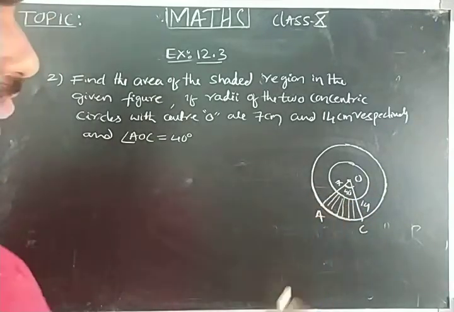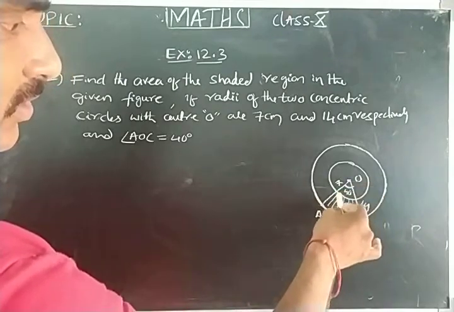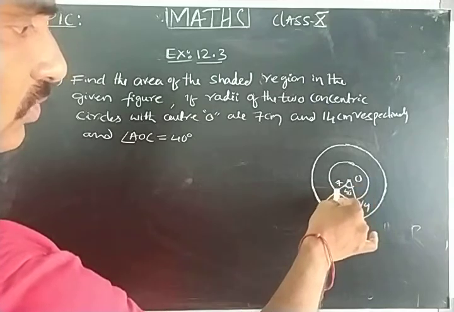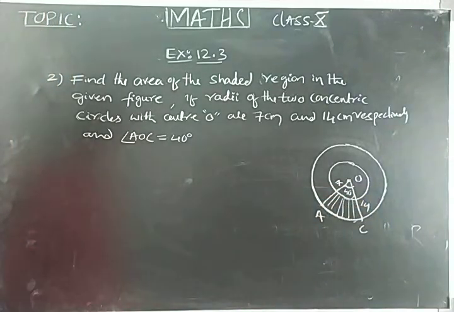So observe the figure. If you find the area of the total sector, you will get the total area. From the total sector area, if you remove this smaller sector area, you can get the shaded region area. Okay, right.